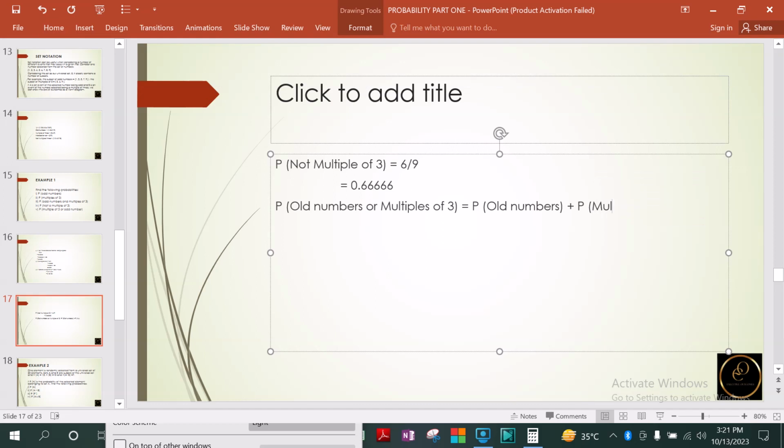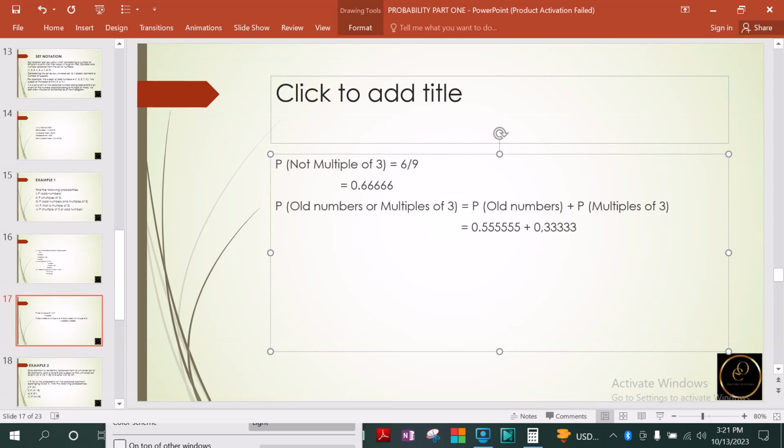Multiples of 3, like that. So multiples of 3. Okay. So now what we have in this particular case, since I've already told you that you add the probabilities, and we know the probability already, the probability of an odd number is 0.5555 plus the probability of multiples of 3, which is 0.3333.